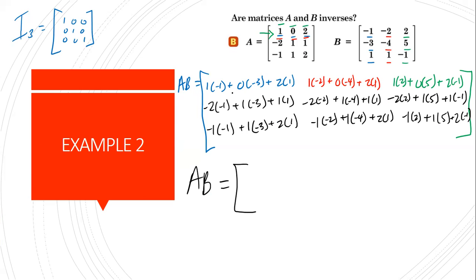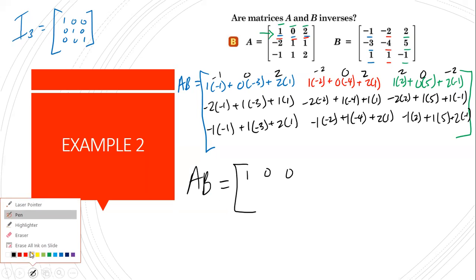Okay, so when we're evaluating, we have -1, 0, and 2. That gives me 1. We have -2, 0, and 2. That gives me 0. We have 2, 0, -2. That gives me 0. So far it's checking out. And then we keep evaluating.